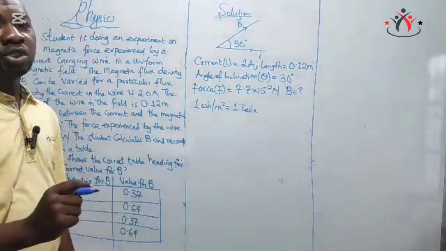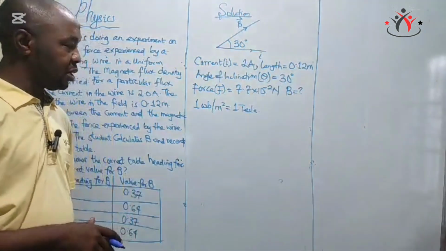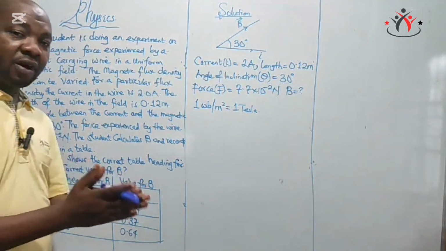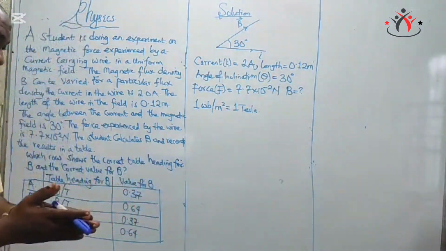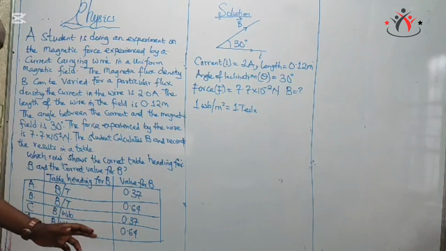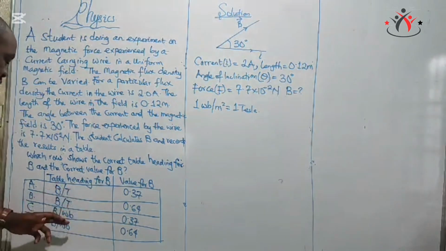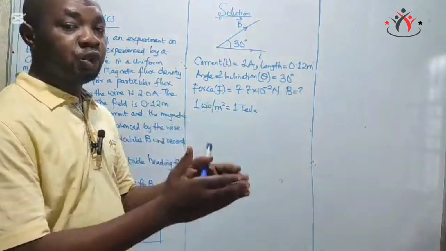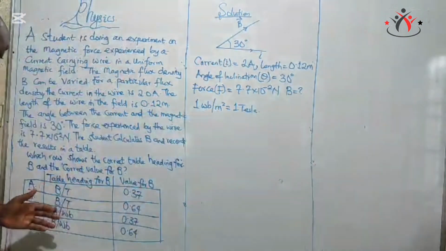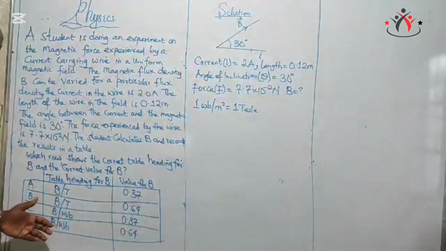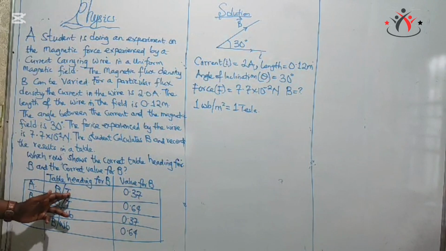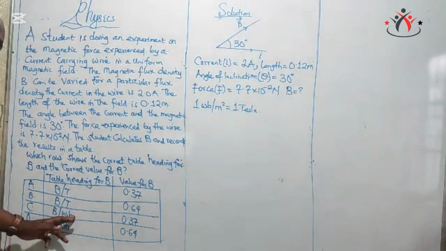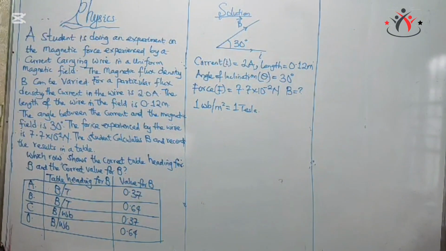So the unit of B is Tesla, which means whatever we calculate as the value of B, the unit must be Tesla. So the unit selected for B in each response is: for the first option Tesla, second option Tesla, option C Weber, and option D Weber.